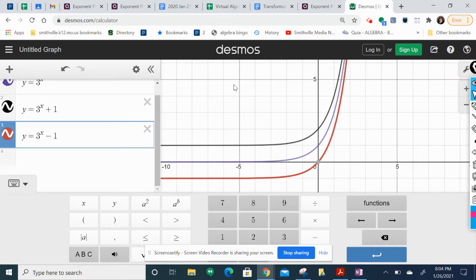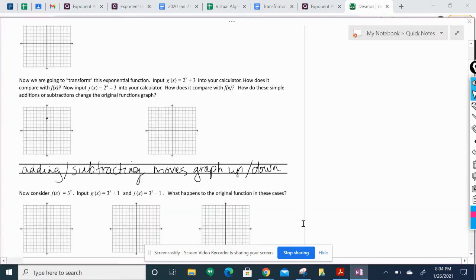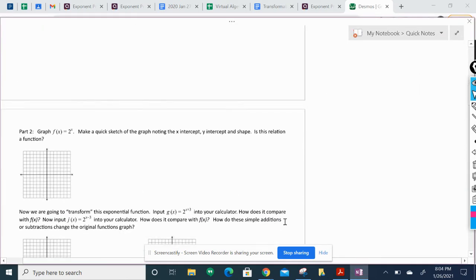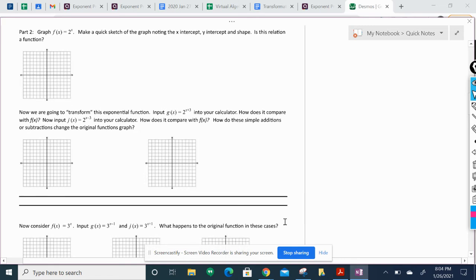All right, so these next ones now, we're going to look at something different. So back on our paper, this one says, now consider f of x equals 2 to the x. So we're going back to the original graph that we have done, and it says make a quick sketch of that graph. Now again, if you'll remember, we've done this one before.